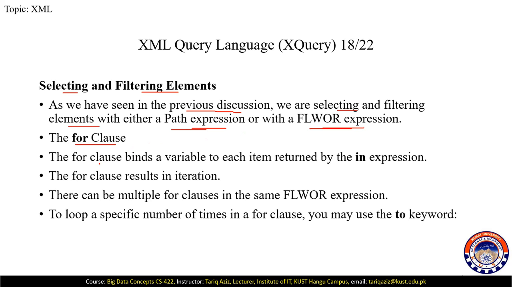It says that the for clause binds a variable to each item returned by the in expression, and we already discussed this in expression in detail. What does this in expression do? It returns each element in the expression.